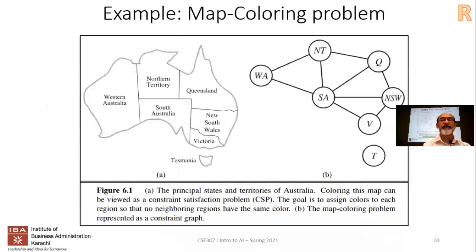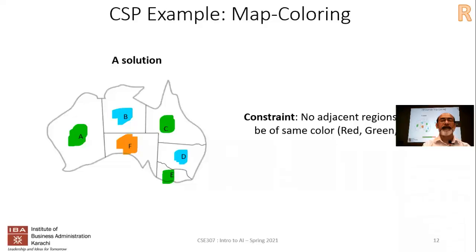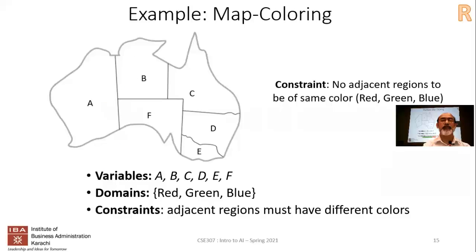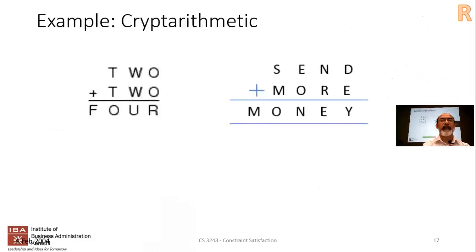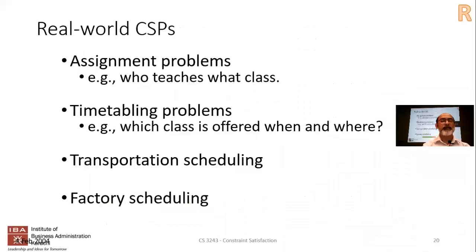And so we looked at the example of the map coloring problem, and we saw that there are various ways of solving this, and some of the issues that we tried to address were how do we actually improve the simple search which was being conducted using a breadth first search or a depth first search. And we also saw the examples of cryptarithmetic, which was also an example of a CSP.